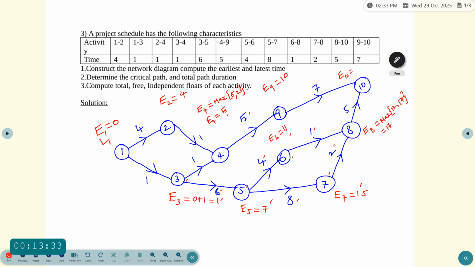See E10, there are two events coming to 10. First one is 9 and then another one 8. So using the formula maximize of, first event which is 9. So E9 value 10 adding with 7 we have 17, comma, and then another event 8, and then adding with 5 we have 8 plus 5, 13.